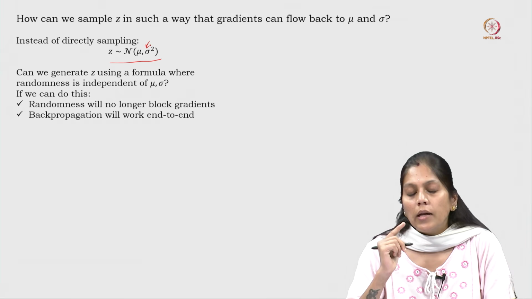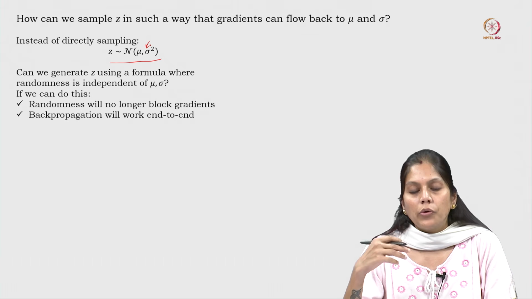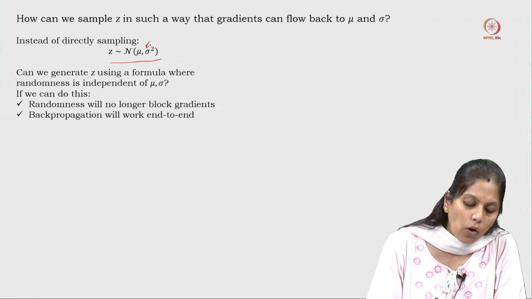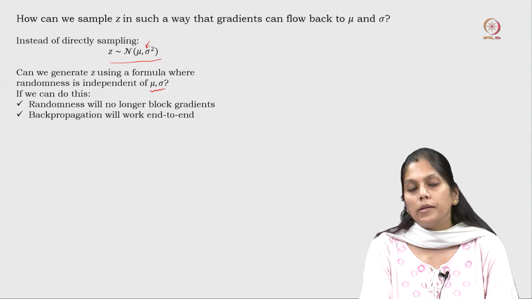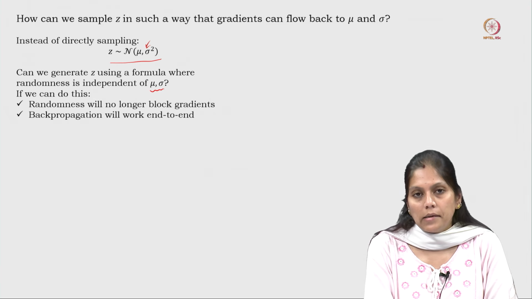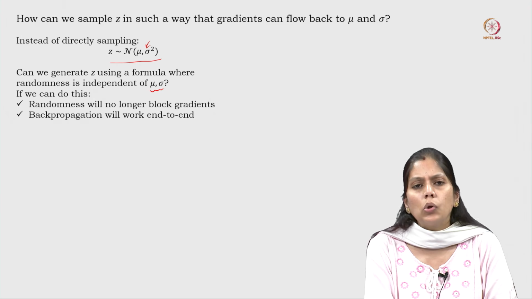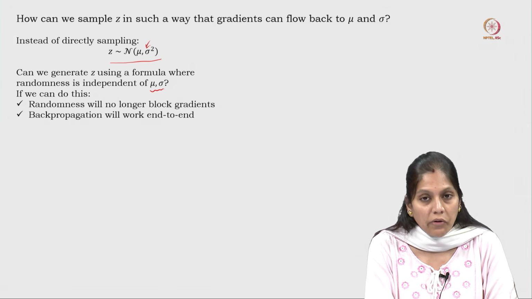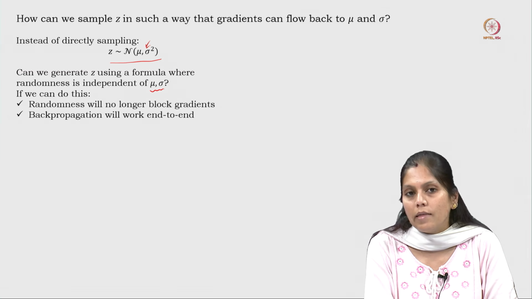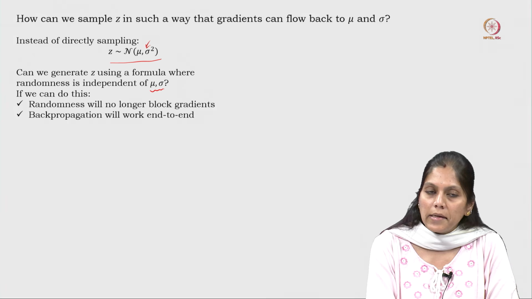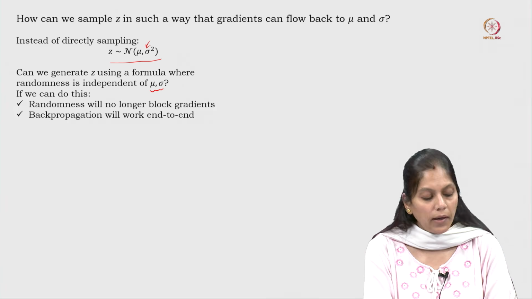So, can we generate z using a formula where the randomness is independent of mu and variance? Can we write it in this way? If we can write z so that the randomness is totally independent of these two terms, then randomness will no longer block the gradients. In that case, backpropagation actually works here.